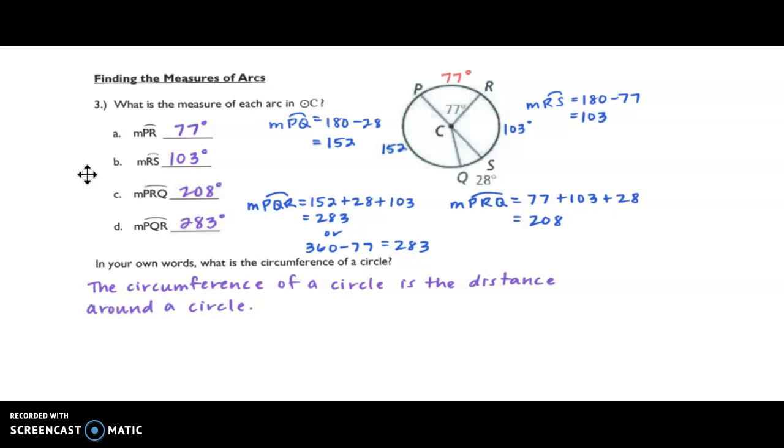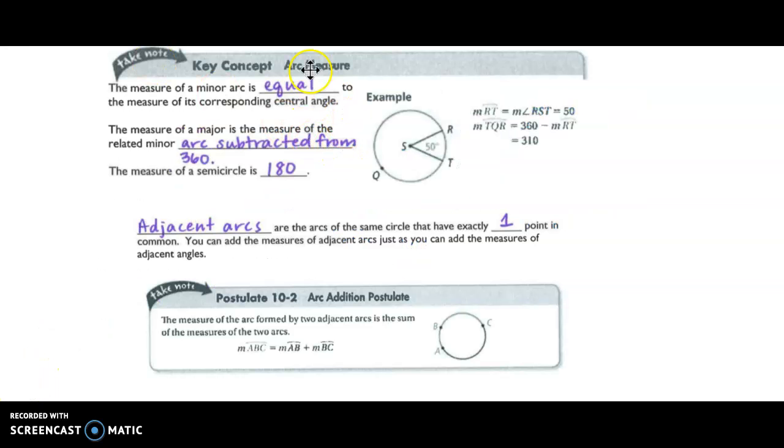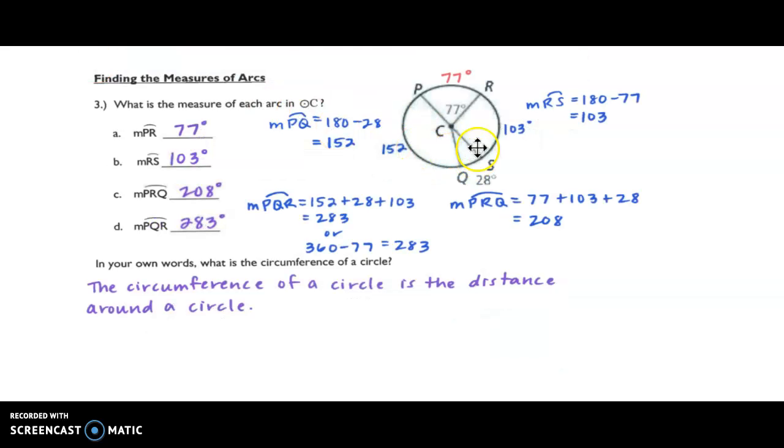You're given some information here. I'm actually going to backtrack here. One thing I forgot to mention, where I'm highlighting is actually key: the measure of a minor arc is equal to the measure of its corresponding central angle. Meaning, if the central angle is 50 degrees, then the arc is also 50 degrees. They have the same measure. So if you look here, that's why this red 77 degrees is here.